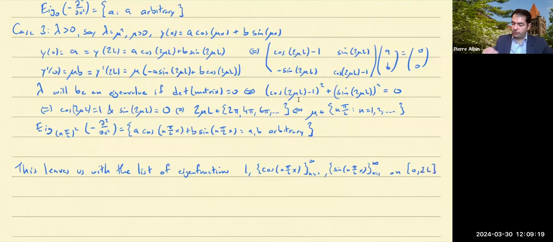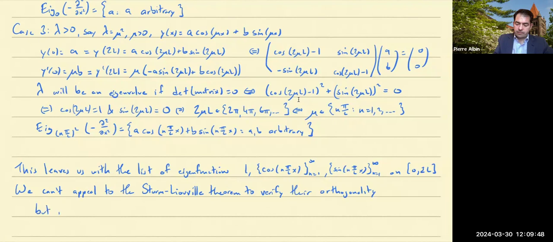And these are eigenfunctions on the interval 0 to L. We can't appeal to the Sturm-Liouville theorem to verify their orthogonality, but it's still true, and easy to check directly.